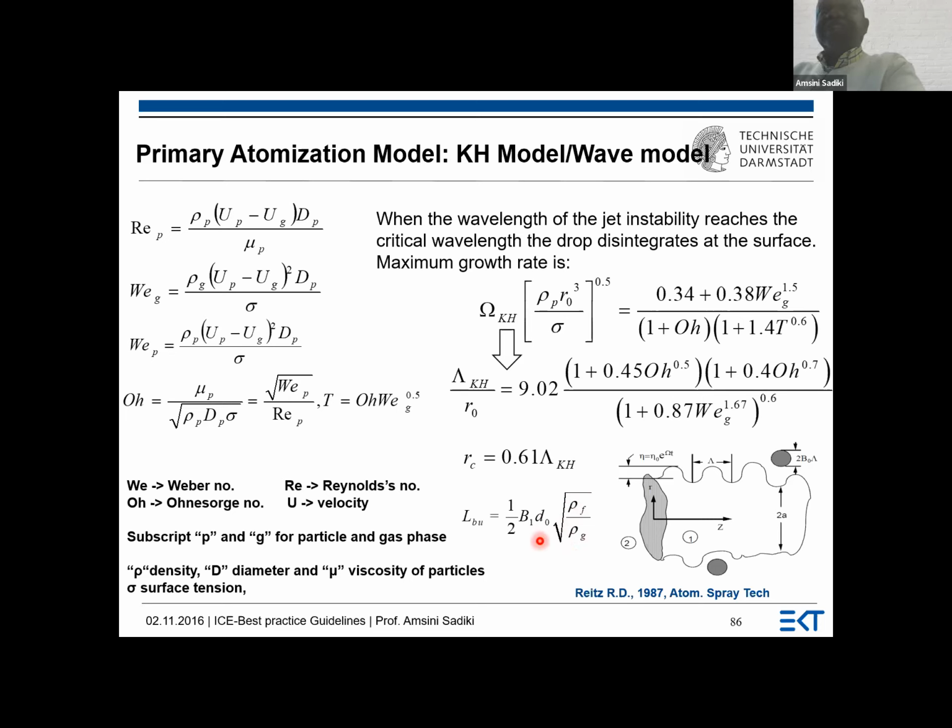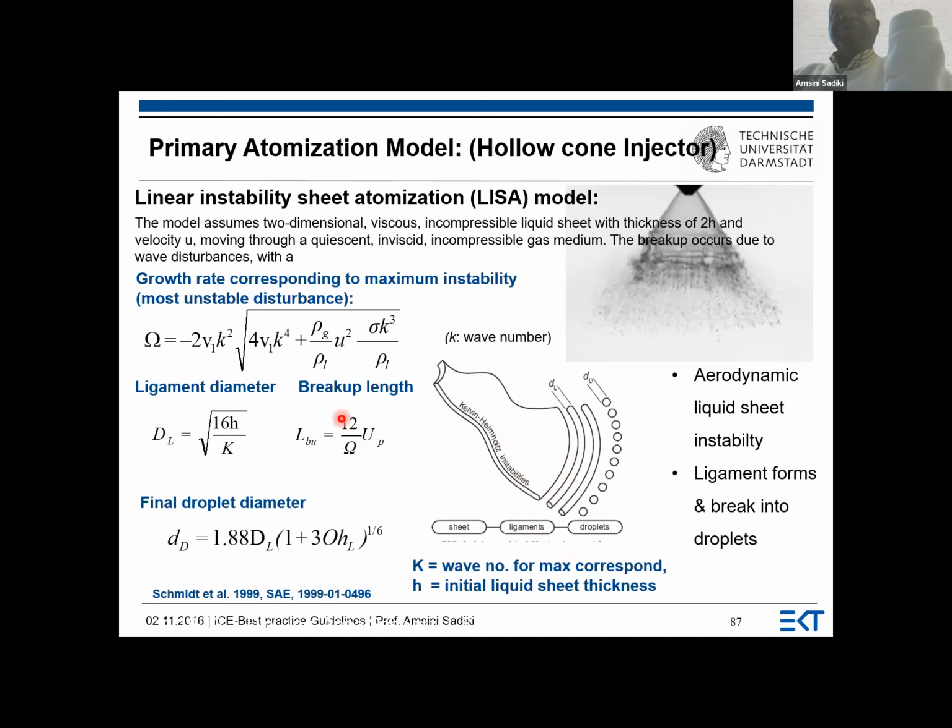We need the diameter of the sheet, as we have seen before, and the length of the breakup. From that, we can derive the final droplet diameter as a function of this diameter here and of the Ohnesorge number. So we have aerodynamic liquid sheet instability, the ligaments form and break into droplets which have this diameter.